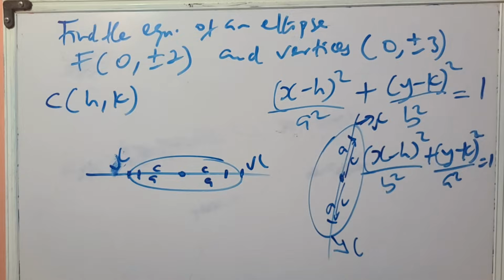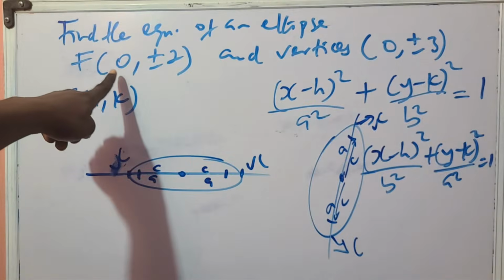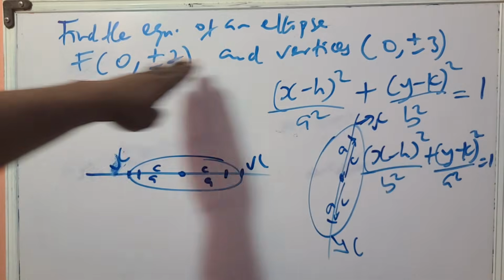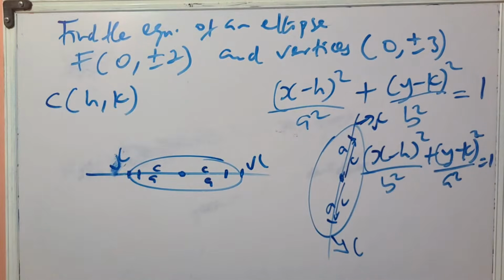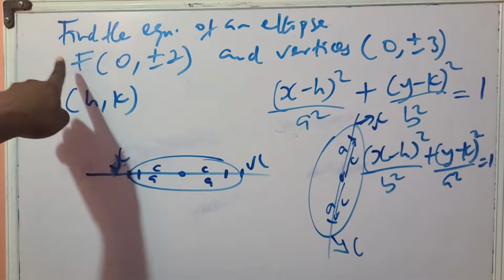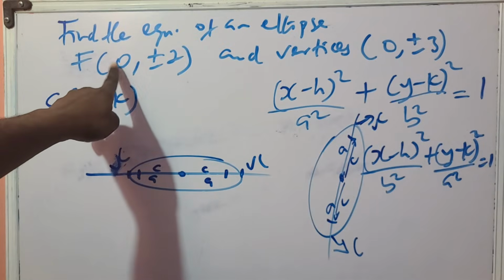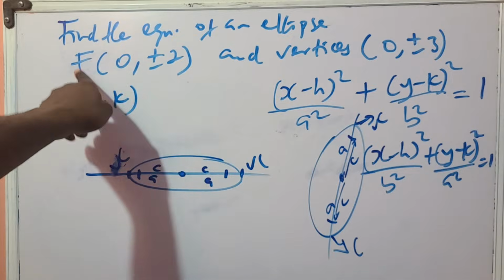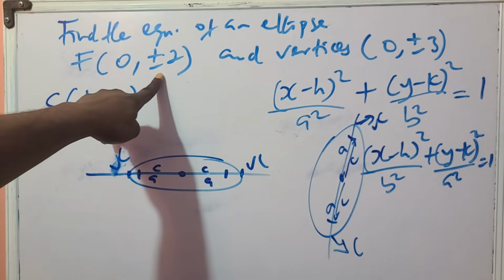Now, look at what we have here. We're now trying to find the equation of an ellipse. We're given the foci. We're given the vertices. When you look at this already and you have the basic understanding of ellipses, you already understand that in this case, the ellipse is actually along the y plane.